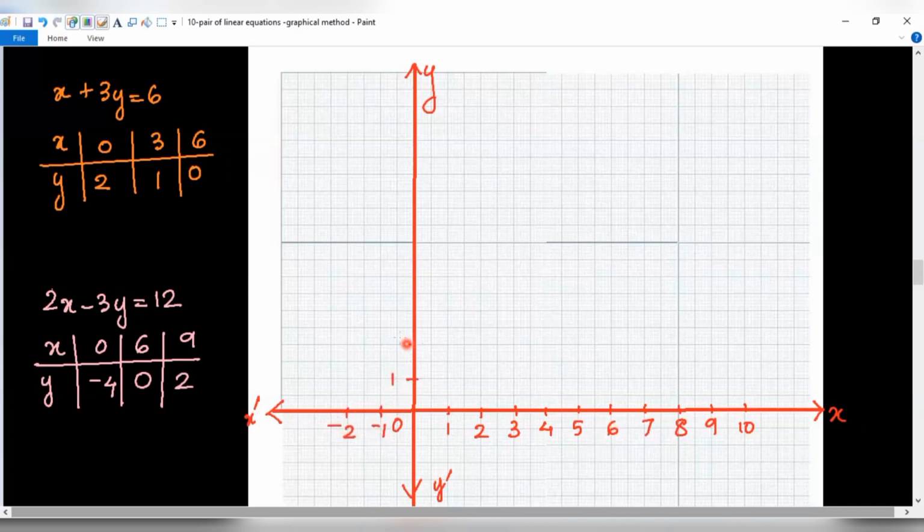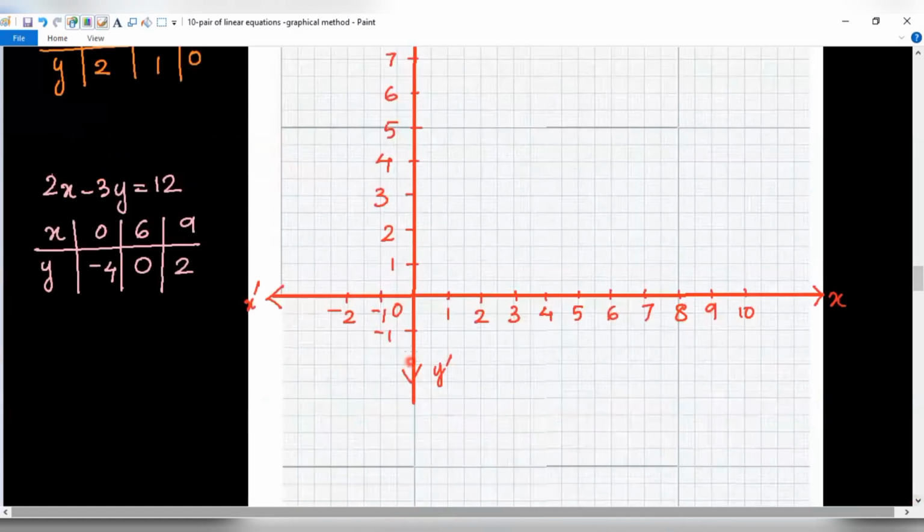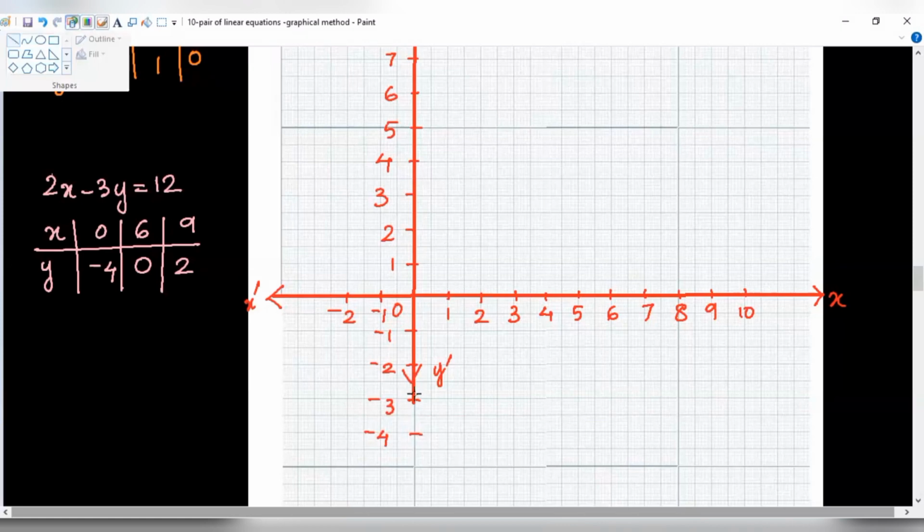Here it is 1, 2, 3, 4, 5, 6, 7, 8 like that it goes. And on the negative side, here we have -1 and here we have -2 and here we have -3 and here we have -4. So we have to extend our y-axis a little bit downward. Okay.